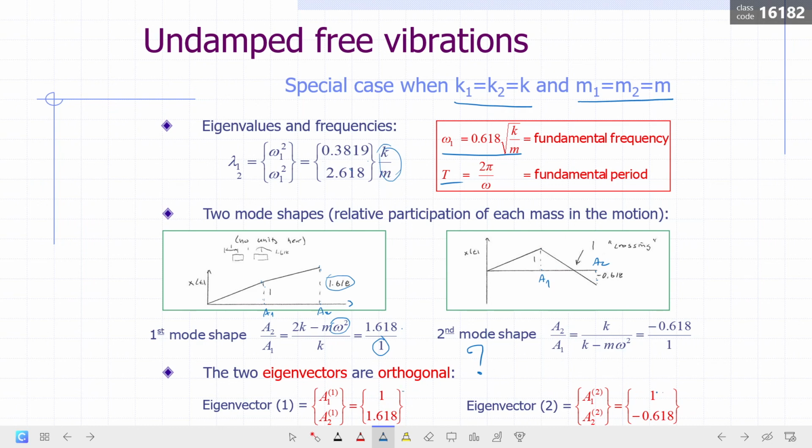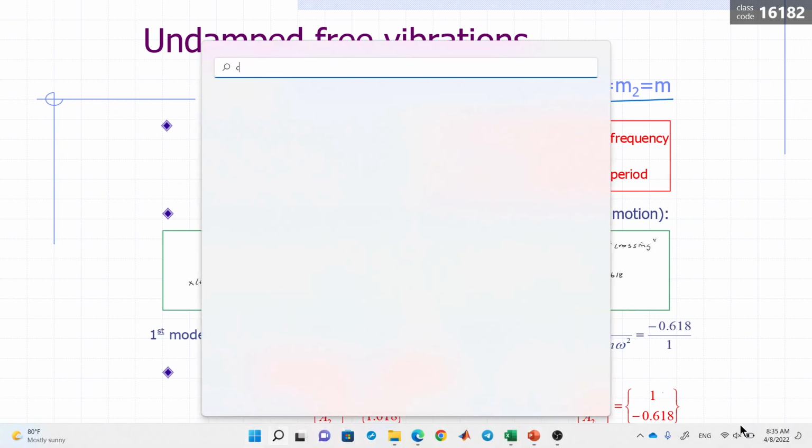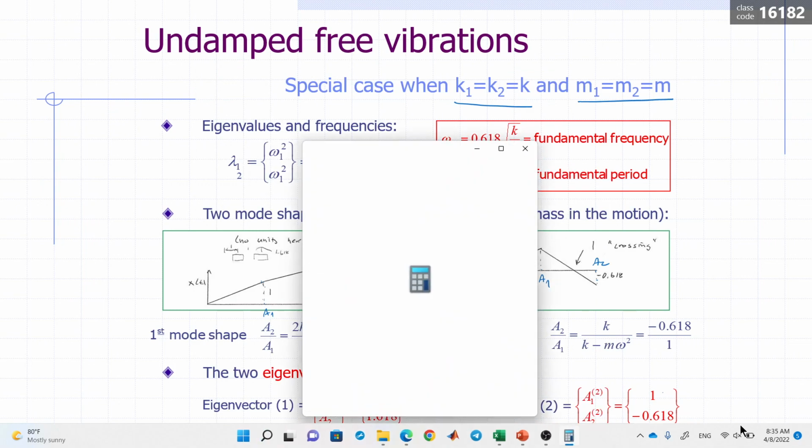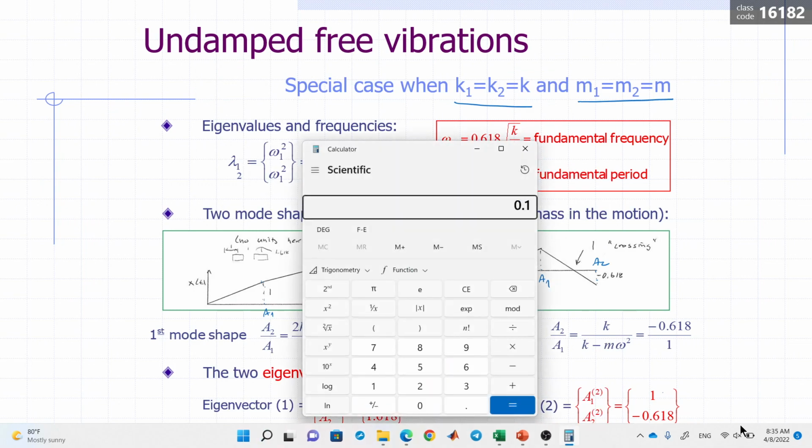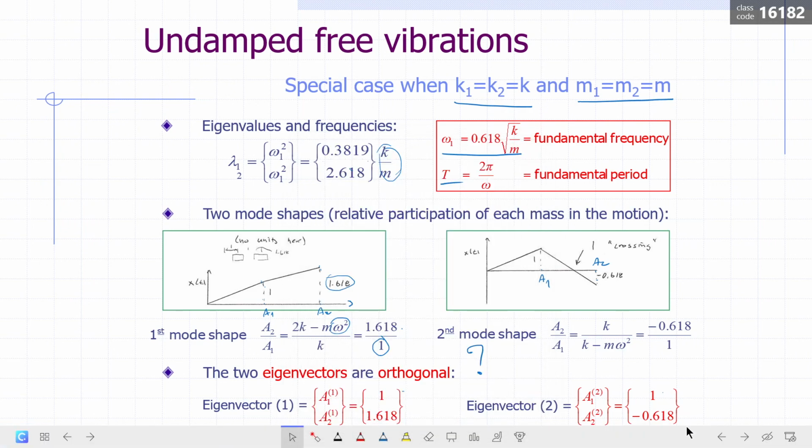So 1 times 1 equals 1. 1.618 times minus 0.618 is supposed to be 1, right? Let me check. Yes, almost 1, because we truncate some decimals of this value.